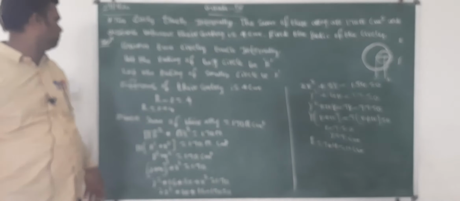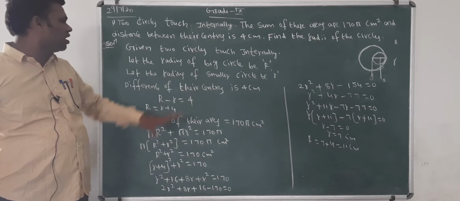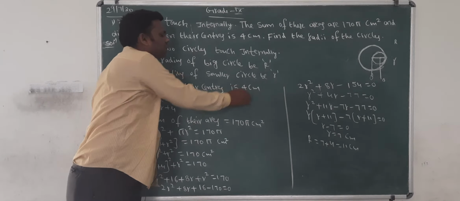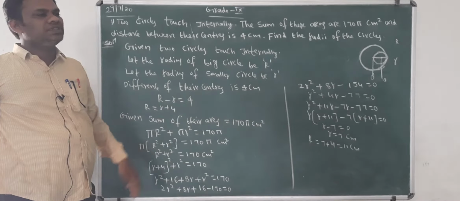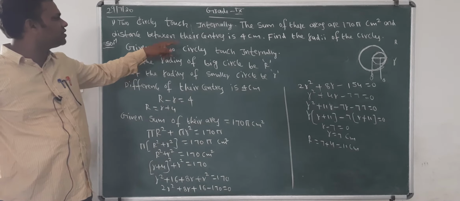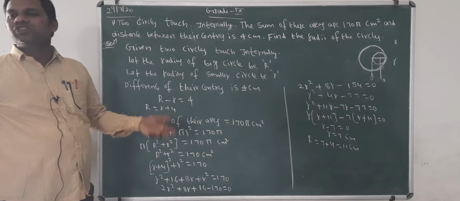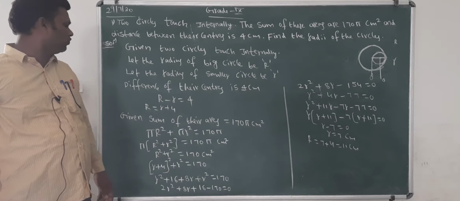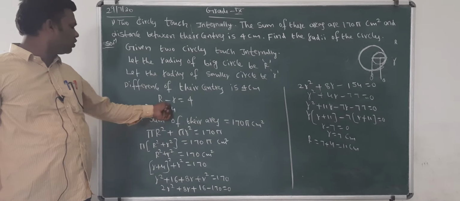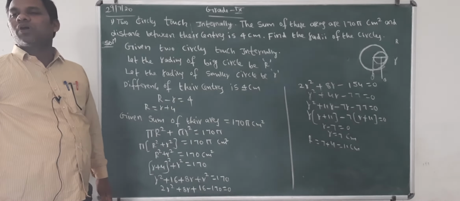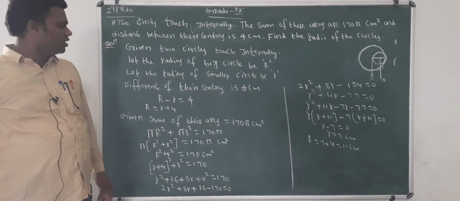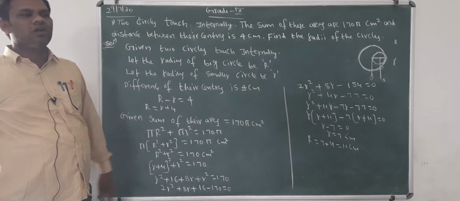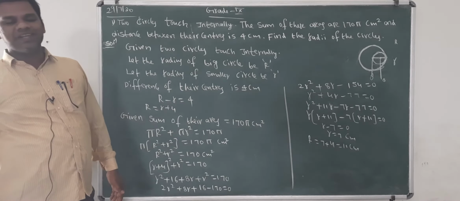The difference of their centers is 4 centimeter, which means the difference between their radii. So capital R minus small r equals 4 centimeter, so capital R equals small r plus 4. We converted capital R into small r, then we will find the values very easily.